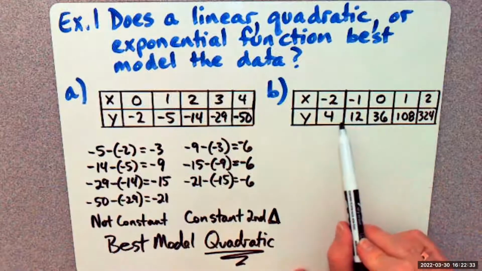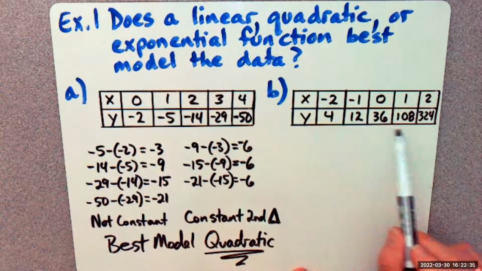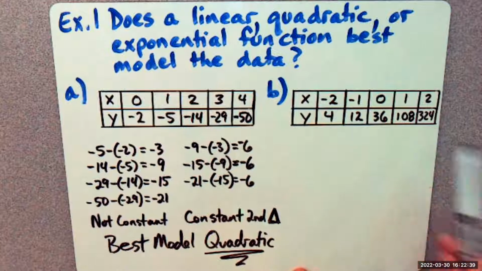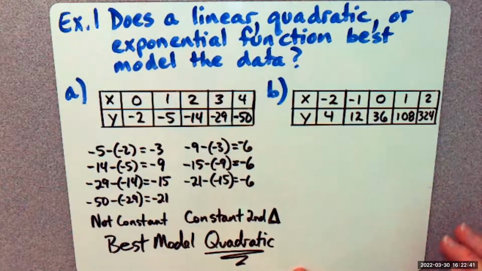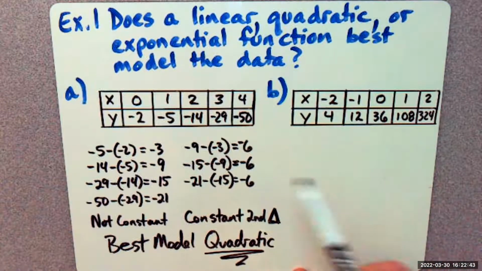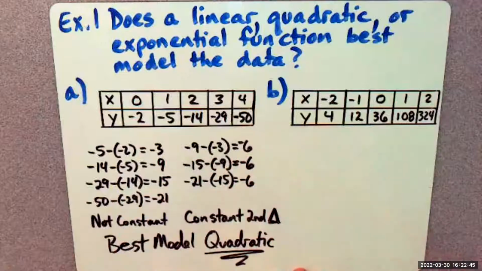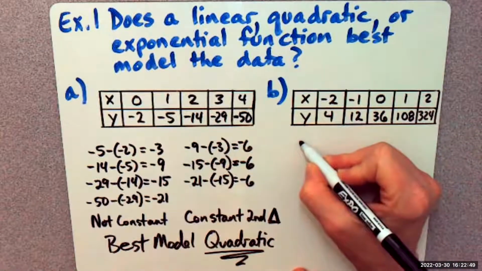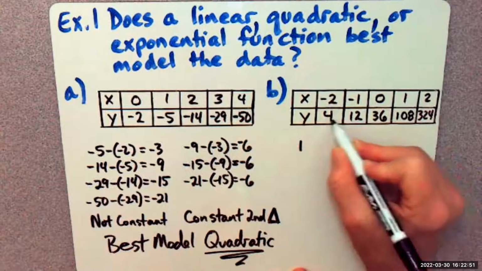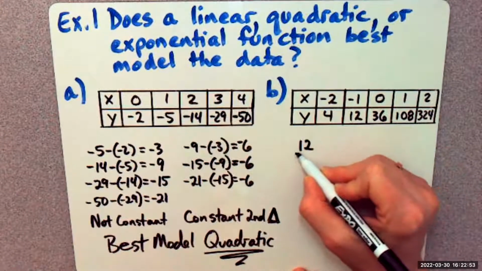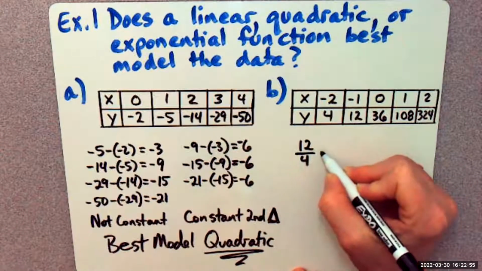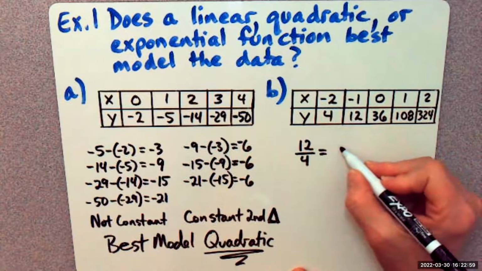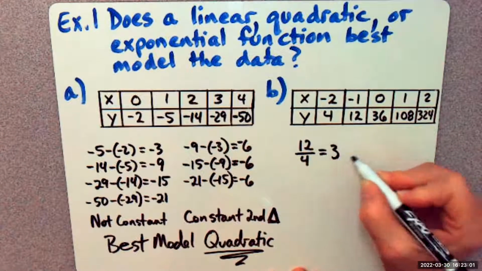When we look at this and see that it's going to infinity and beyond very quickly, that seems a lot like an exponential. So instead of doing all this work first, let's start with the ratios. You put the next number over the previous number. So 12 over 4 equals 3.